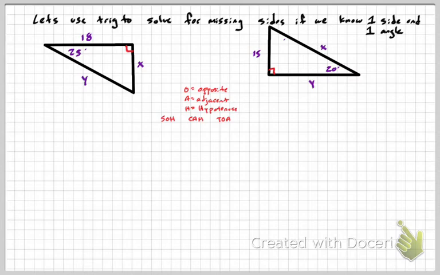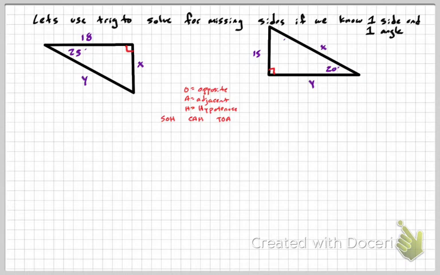And remember that when we were learning the ratios, it was the sine or the cosine or the tangent of the angle that you're focusing on equals the ratio of the sides. Okay? And so it's eventually going to be like sine of angle 25 equals a ratio of some side over another side. So let's start off with number 20, or this first one here.